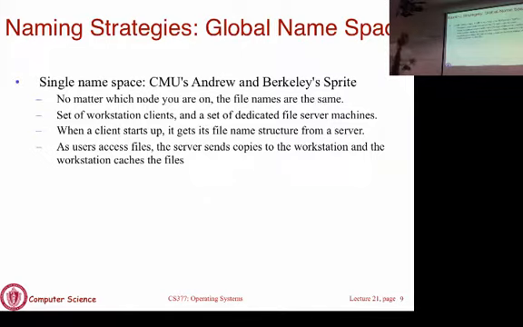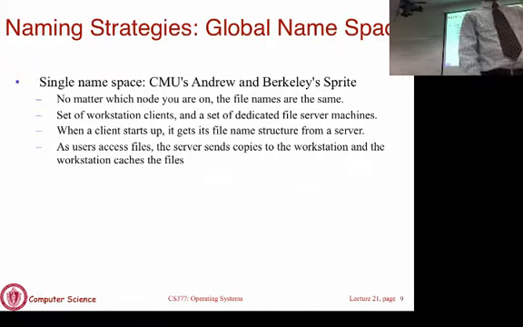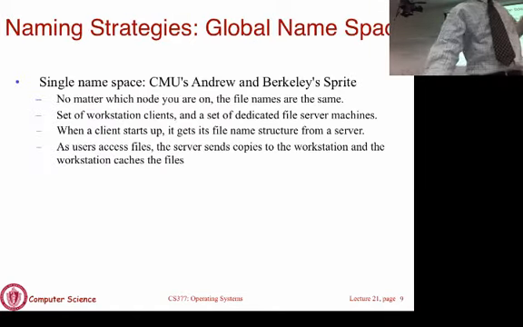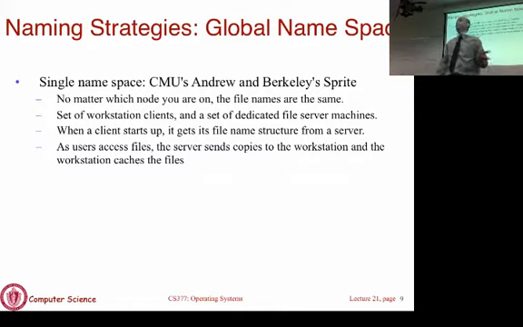In the Andrew file system, the naming scheme is like the web. First of all, you don't need to construct any of these pre-configured files. In the Andrew file system, any server can talk to any other server anywhere in the world. And the way you talk to another server is you say /AFS, then you specify the name of the server that you want to talk to, like fileserver.cs.